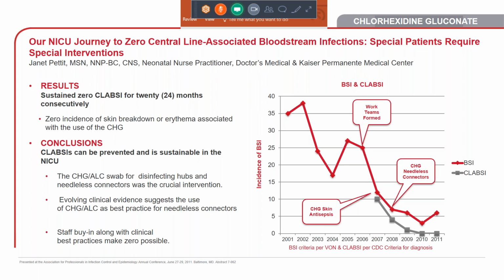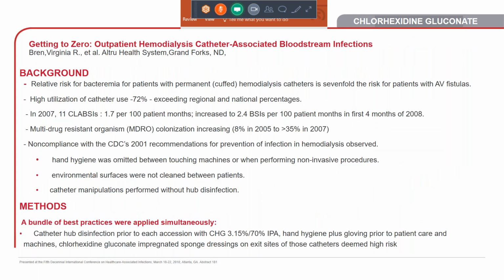And lastly, I wanted to highlight in the outpatient hemodialysis population, the project here that was done by Bren and colleagues out of Grand Forks, North Dakota. They have a high utilization of catheter use in this particular outpatient center. It's well documented that patients that have permanent hemodialysis catheters have a 7-fold higher risk of developing bacteremia than patients that receive AV fistulas.